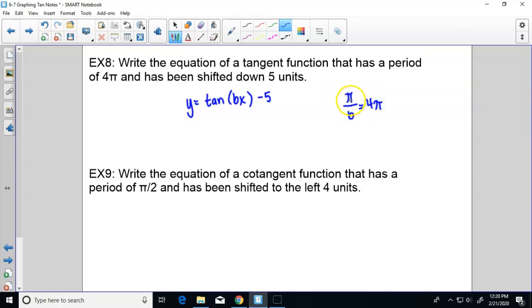Now notice I used pi instead of 2 pi like we've done for a lot of the other problems. That's because we're dealing with tangent. The period for tangent is pi. So you've got to do pi divided by b. And so if I make this a fraction here, I can cross multiply, and I'll get 4 pi times b equals pi, and then divide by 4 pi.